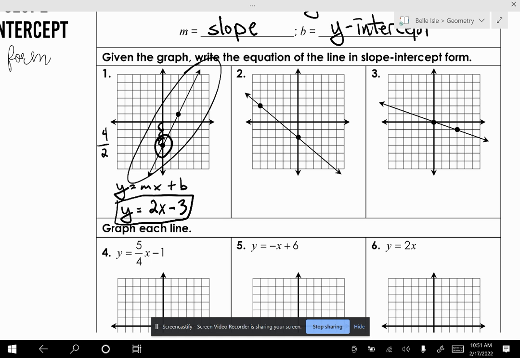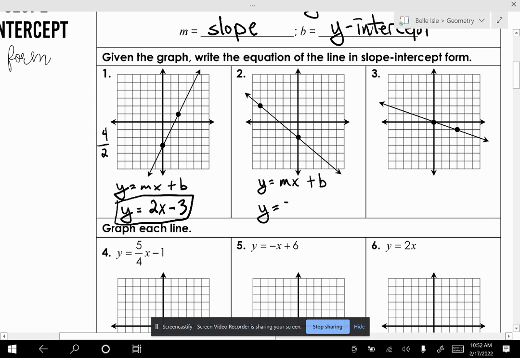Okay. So you said just 1, 2, and 3. Yes, for right now. So the first one, -3 is the y-axis.